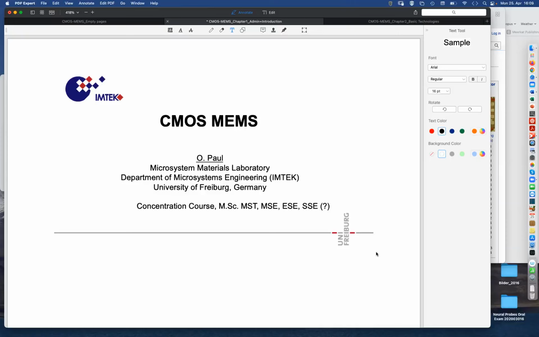Before we start, we have to talk a little bit about organization. This is a lecture within the concentration area of the MST, Master of Science curricula. It was originally for the microsystems engineers, but then it was also open to other curricula like the embedded systems engineering curriculum. Who is microsystems engineer? Who is embedded systems engineer?